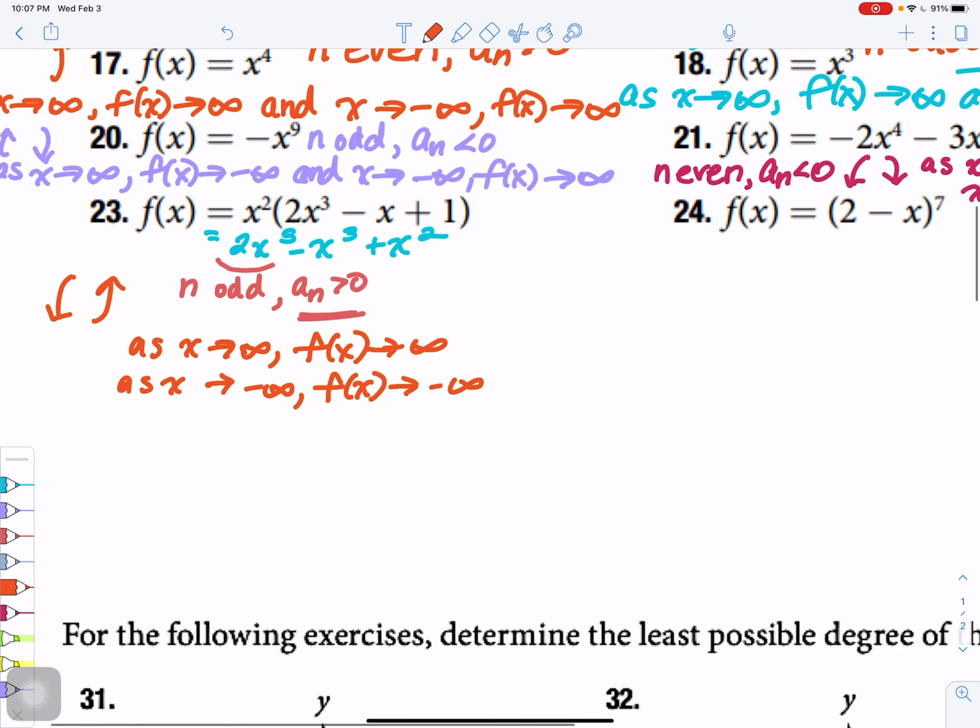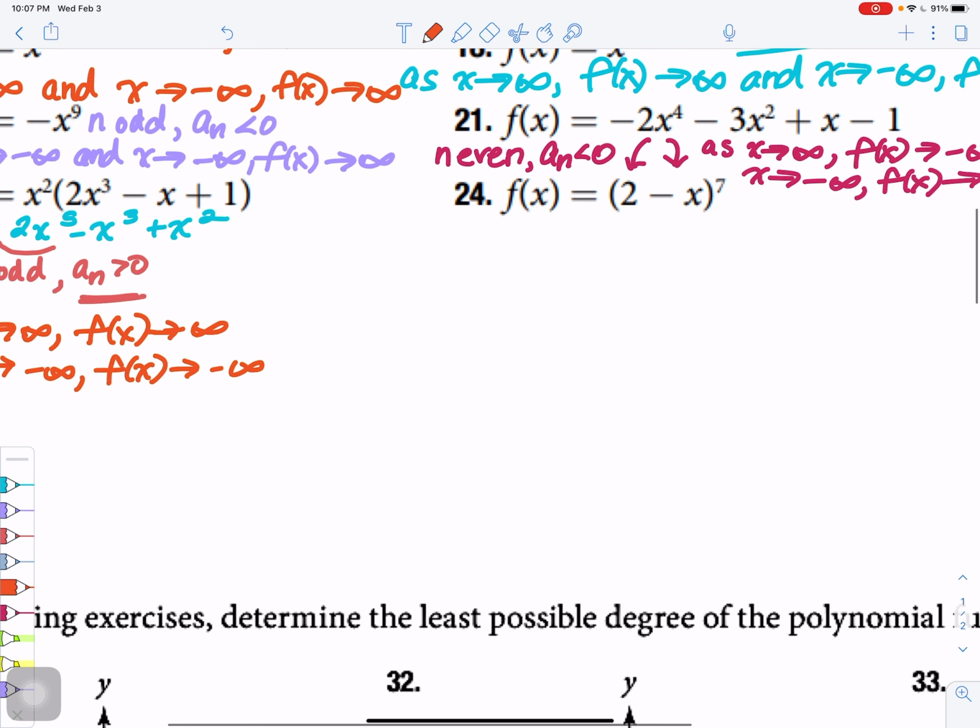Okay? And let's look at number 24. Okay. In number 24, if we would multiply this out, we would be able to see that the leading coefficient is eventually going to be negative. Okay, if you would multiply this out.